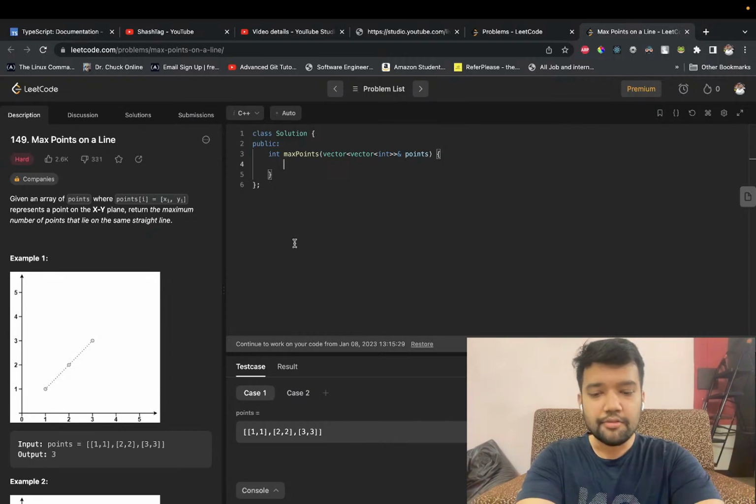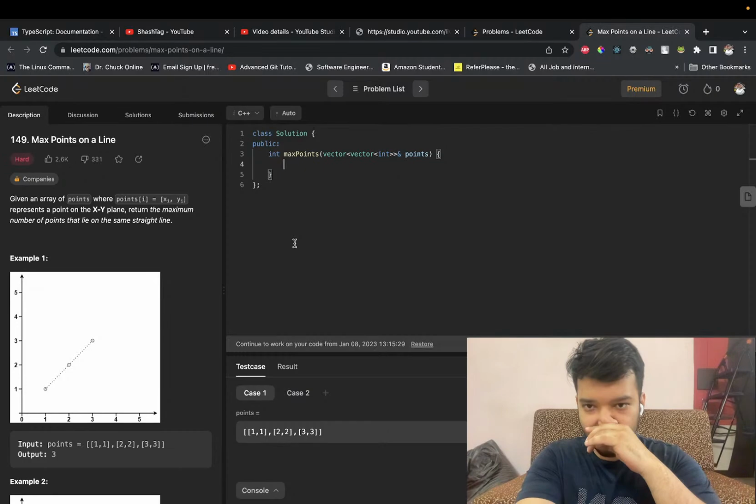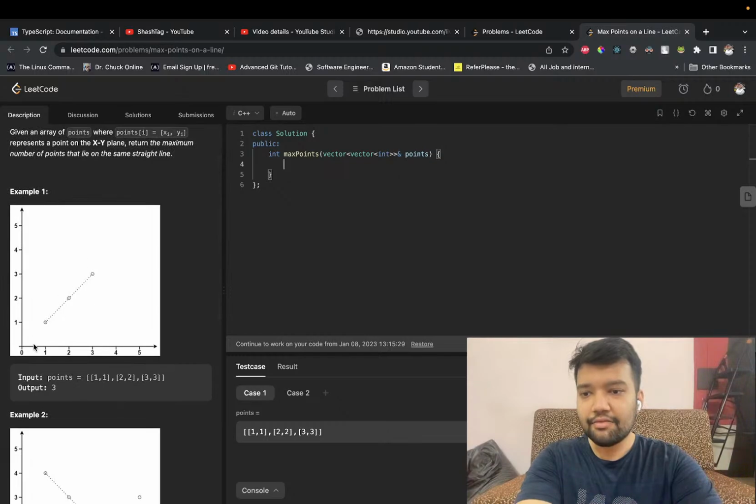Okay, for this I guess we can store the ratios in a map. So an unordered_map of float and int, m1.